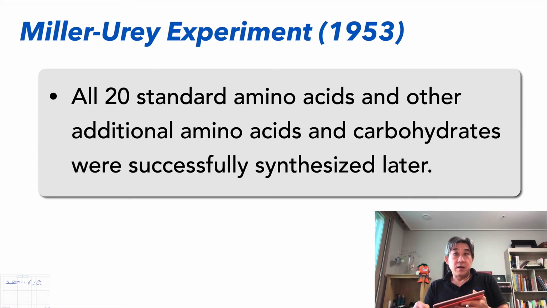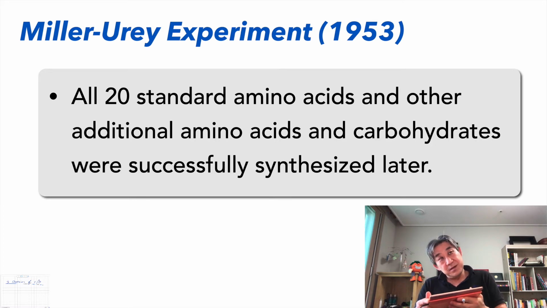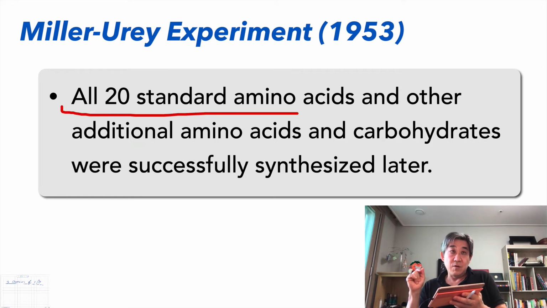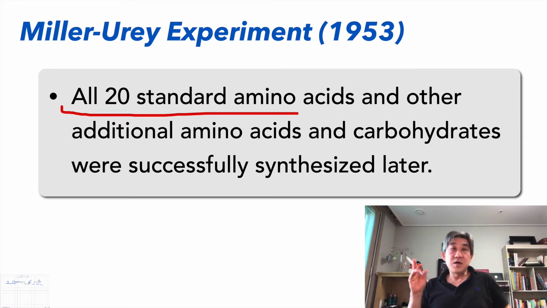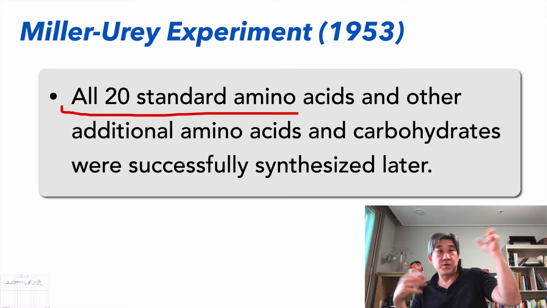And later, by repeats of this experiment by Miller himself, as well as other copycat experiments by other scientists, actually all 20 standard amino acids were obtained. What I mean by all 20 standard amino acids is that, although theoretically in nature perhaps several hundred different types of amino acid are possible, the ones that participate in making the proteins in living things are only 20 kinds.